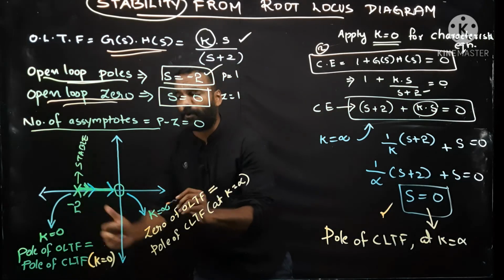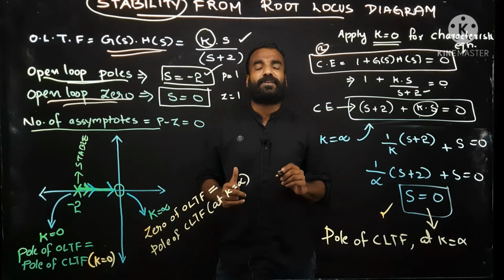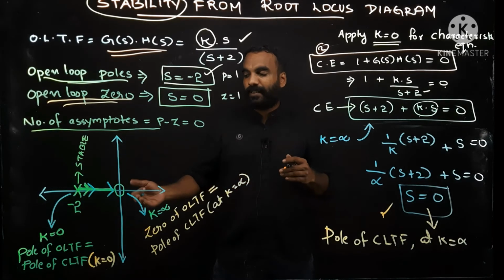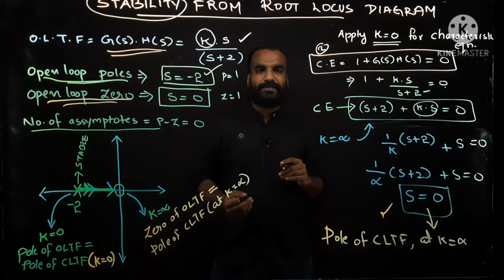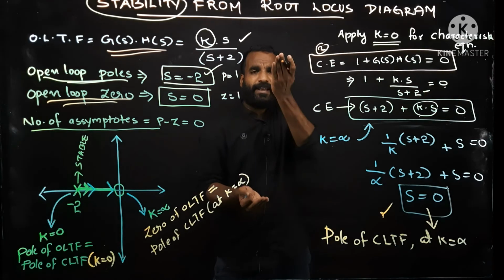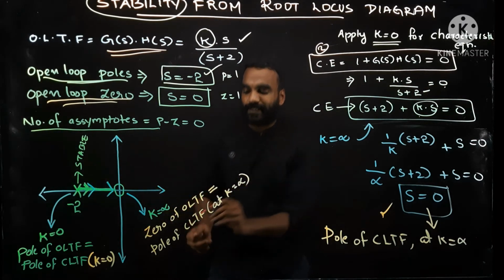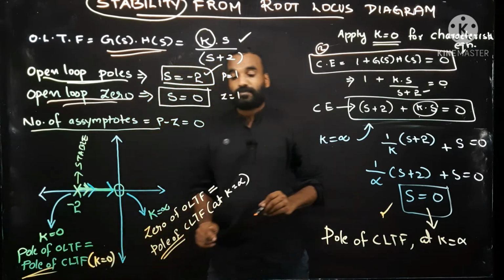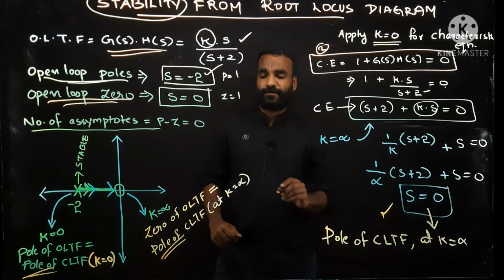So both these points, starting points and ending points, are poles of closed loop transfer function. And what you did, initially k was 0, now k is infinity. So you are increasing k and checking whether the pole is at the left side or not. Both are poles.